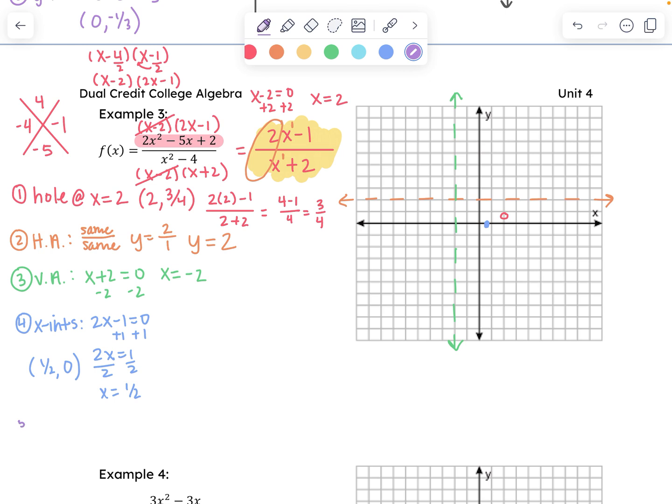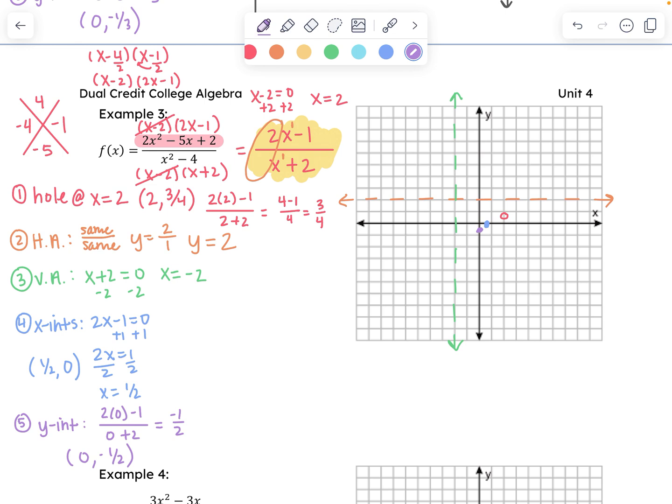And for my y-intercept, when I plug 0 in for x, I'm going to get 2 times 0 minus 1 over 0 plus 2, which is negative 1/2. So I get 0, negative 1/2, about right there.